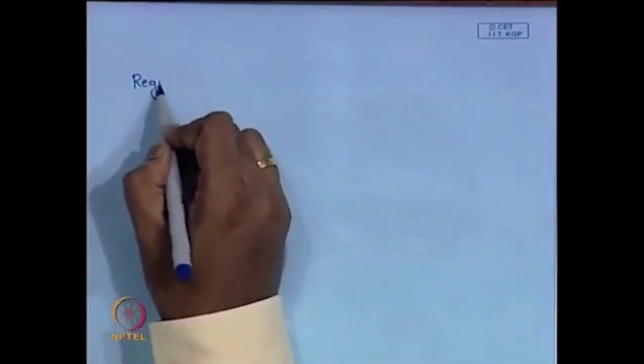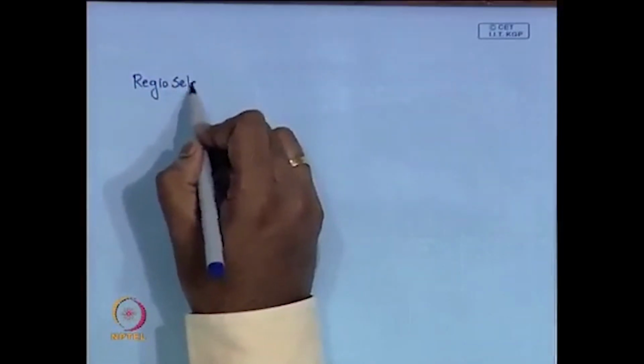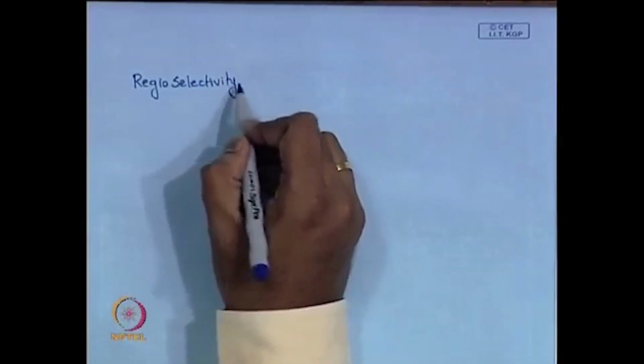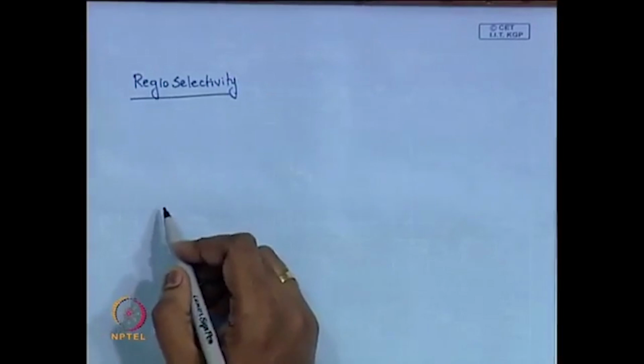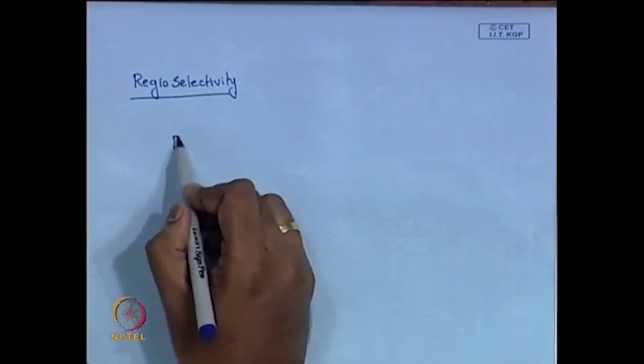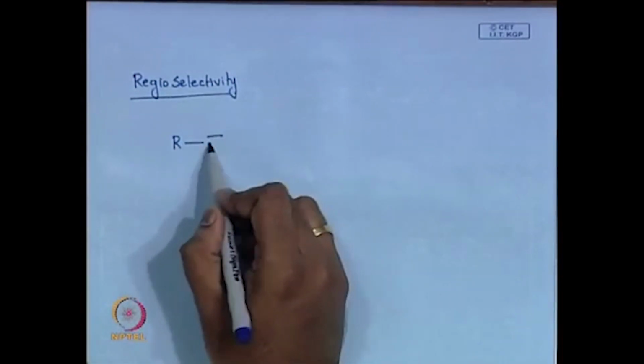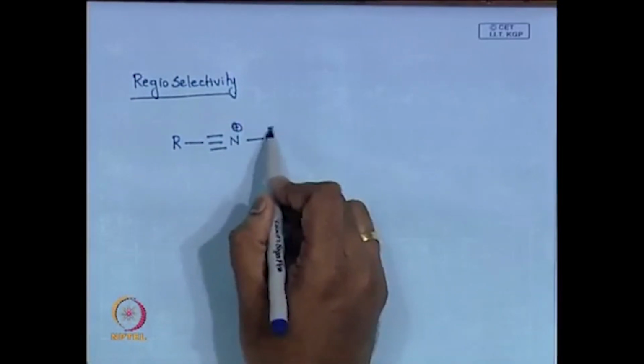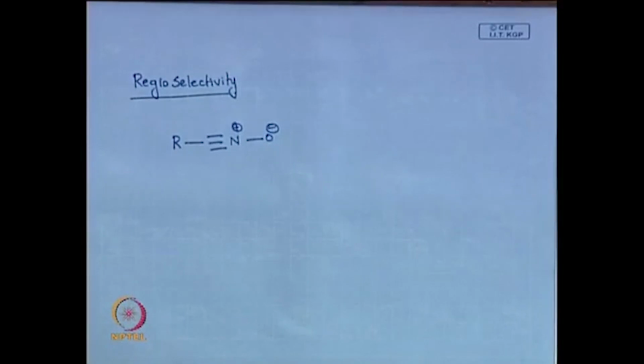Again, this nitrile oxide reaction also has a little bit of regioselectivity, okay, because you can understand in a simple way that regioselectivity is there. Plus, O minus, okay.